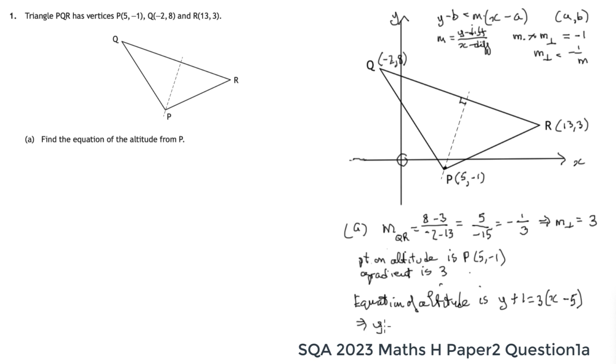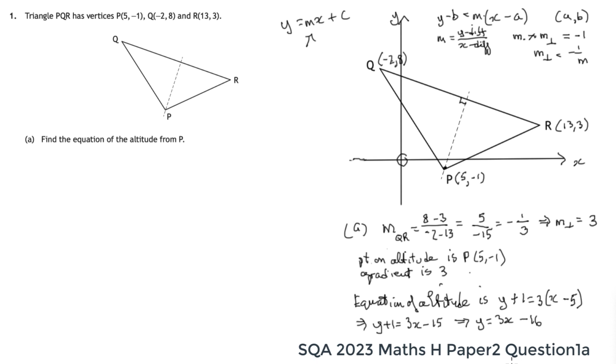So we have y plus 1, multiply out the brackets, 3x minus 15, subtract 1 from both sides, we get y equals 3x minus 16. And there's another check you can do. Remember the formula y equals mx plus c, that form of the equation.